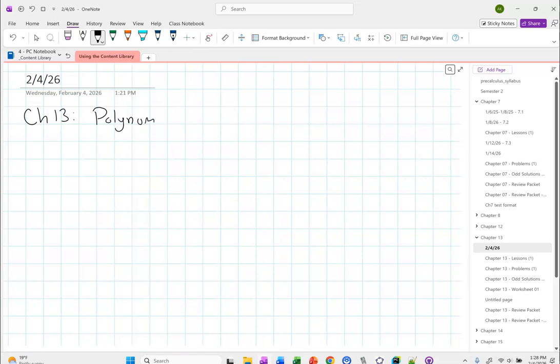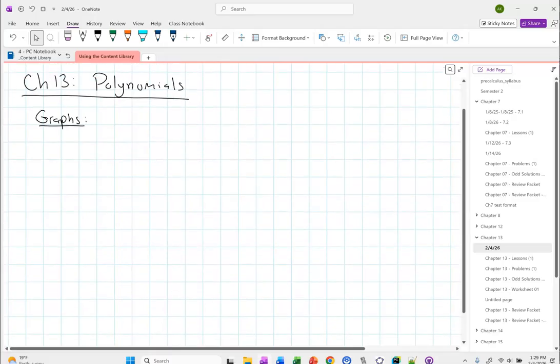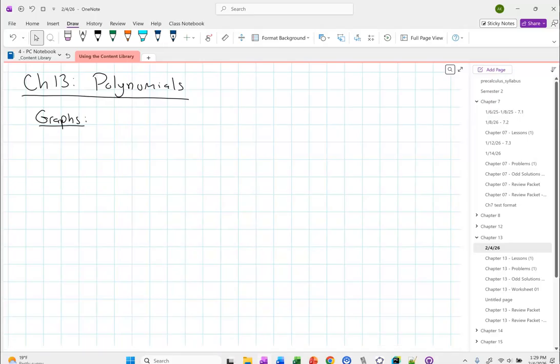This chapter, we're going to talk about polynomials. The first part we want to talk about is graphs, and what we want to talk about mostly here is some vocab and how to locate certain kinds of points on the graph of a polynomial.